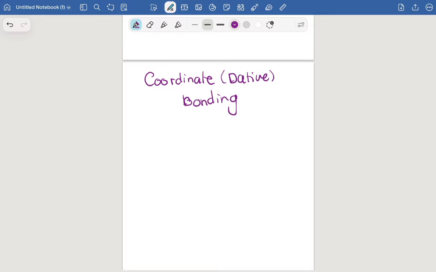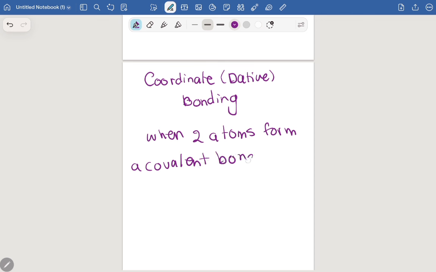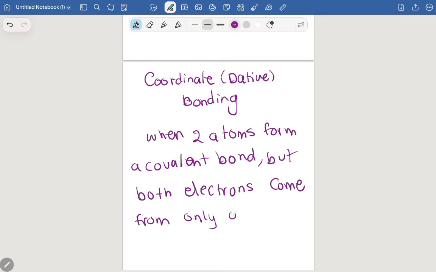So, coordinate bonding, dative bonding, is when two atoms form a covalent bond, but both electrons come from only one of the atoms.